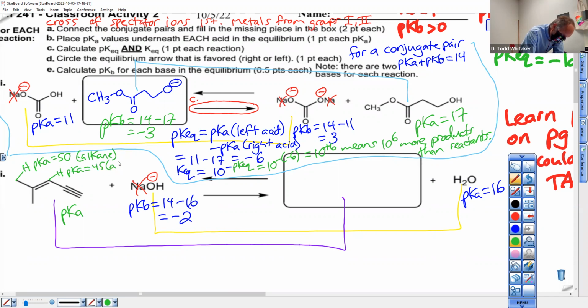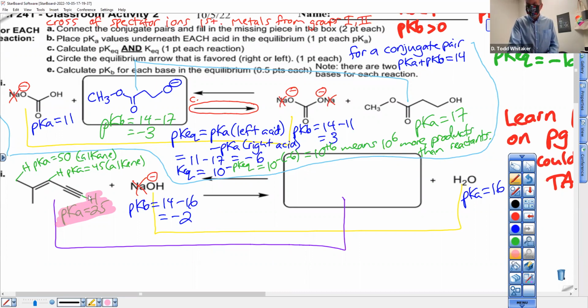That's called an alkene. And down here is pKa equals 25, which is the right answer. Why is that the only relevant pKa in this problem? I don't care about the 45. I don't care about the 50. I only care about the 25. Why?